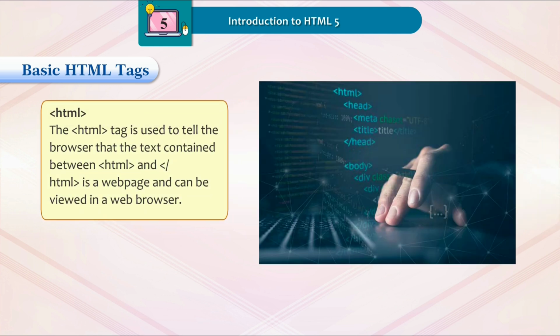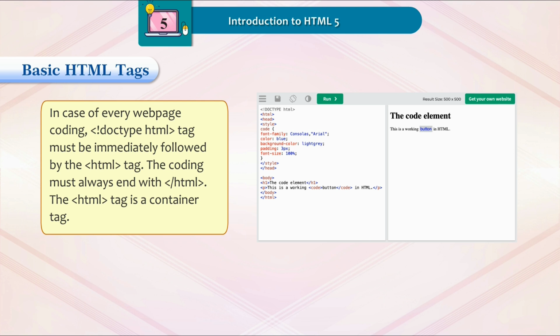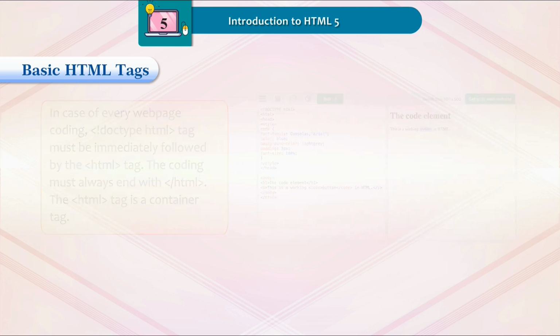The HTML tag is used to tell the browser that the text contained between HTML and /HTML is a web page that can be viewed in a web browser. In case of every web page coding, the !doctype HTML tag must be immediately followed by the HTML tag. The coding must always end with /HTML. The HTML tag is a container tag.